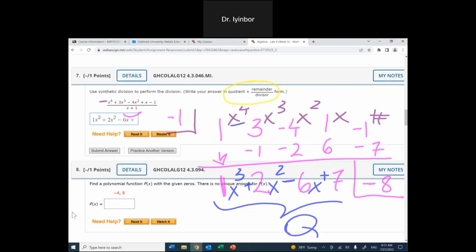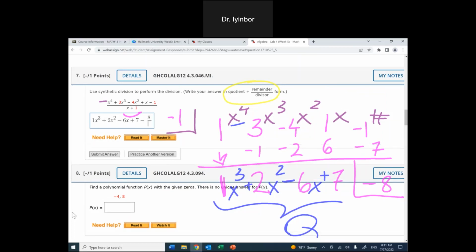And then you can do plus -8 over, or you can do -8 over x plus 1, which is the divisor. Whatever you're dividing by, that's the divisor. So here you can put plus and put -8 in the top, or you can do -8, it doesn't matter, because plus and minus give you negative.